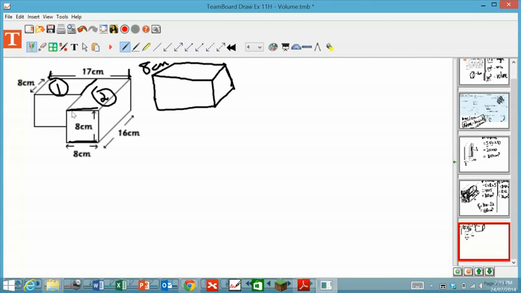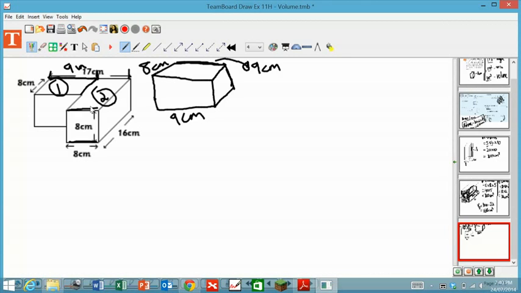So if that's 8, what must this length be? Okay, so it's 17 minus 8, so that should be 9 centimeters. Okay, so this length along here, which I've drawn up a little bit higher, so I'm just going to draw an arrow, is 9 centimeters.